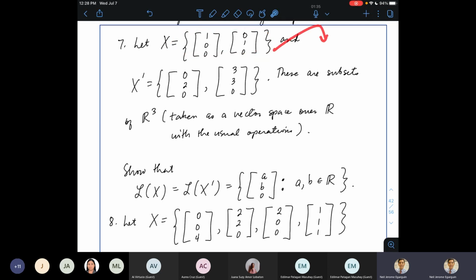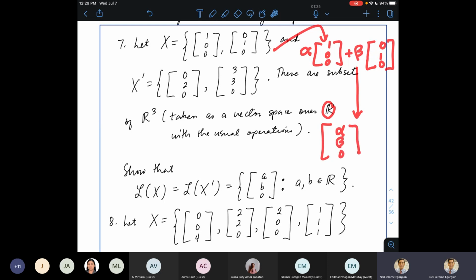Well, you can look at it as, okay, alpha (1, 0, 0) plus beta (0, 1, 0), where alpha and beta are any element of the field R, right? Kasi yun yung field F natin. So if you do the addition here, you will have (alpha, beta, 0). So that means curly L of X will just be (alpha, beta, 0), where alpha, beta are real numbers.